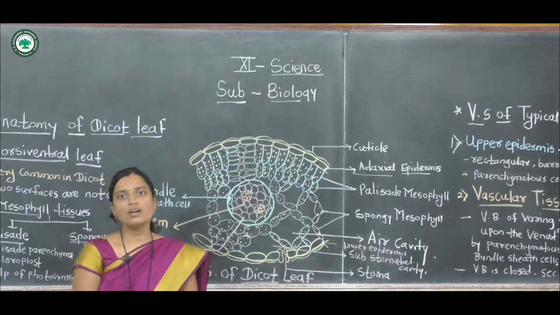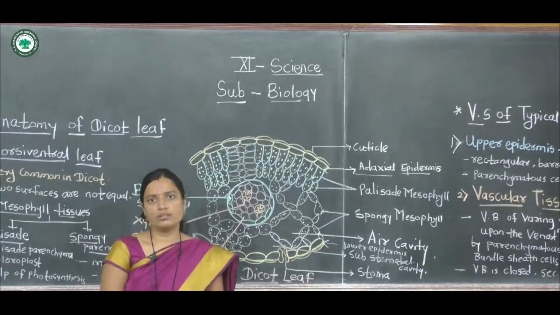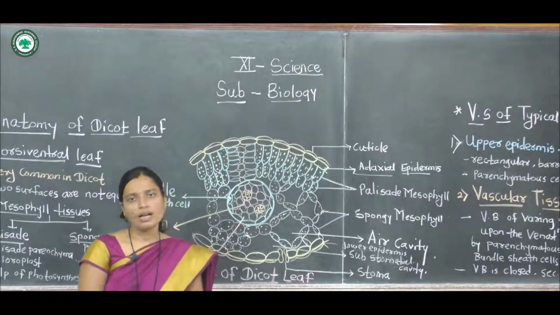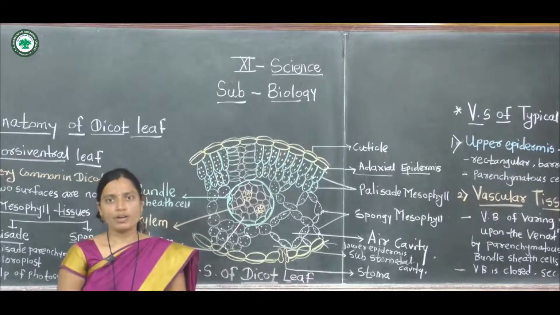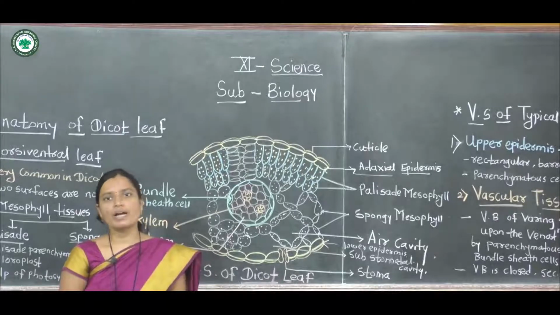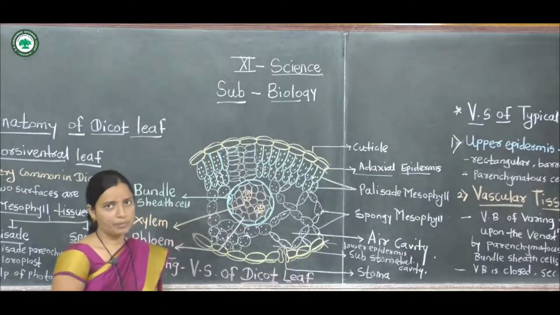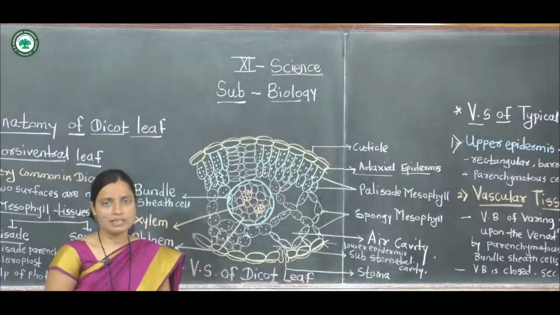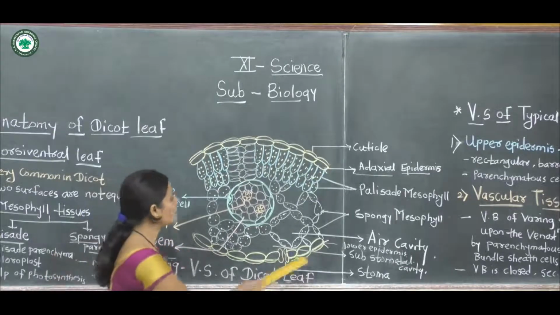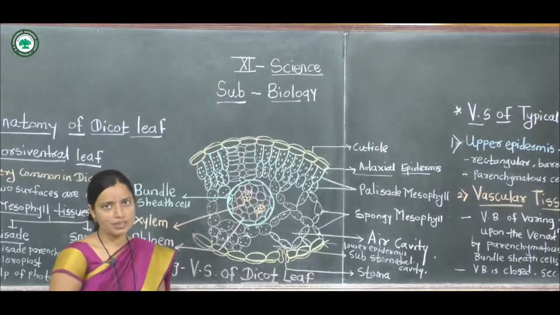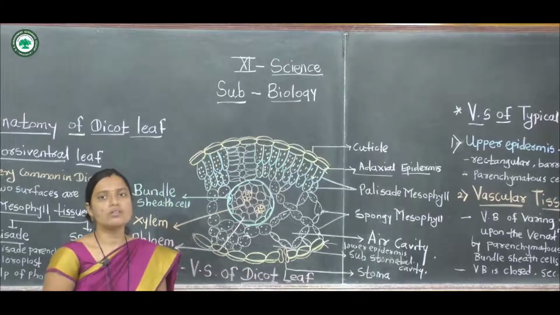Transpiration is the loss of water in the form of vapor, and this water evaporates through the pore. The stoma is found in the lower epidermis, among the parenchymatous cells, and this small opening is called the stoma.